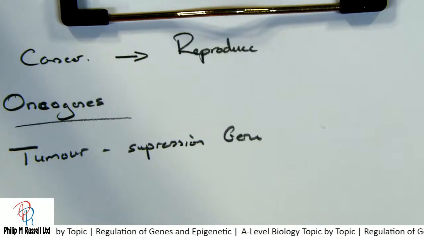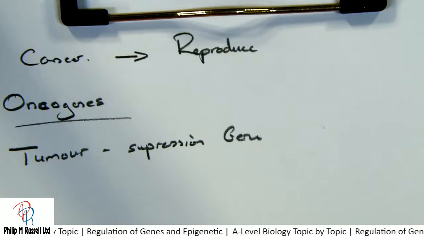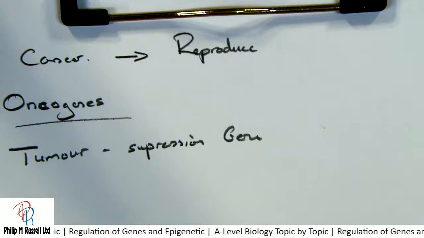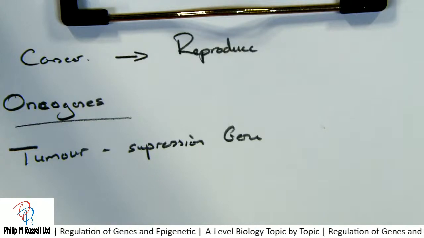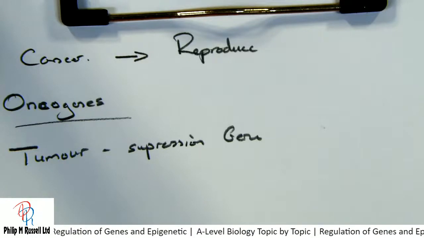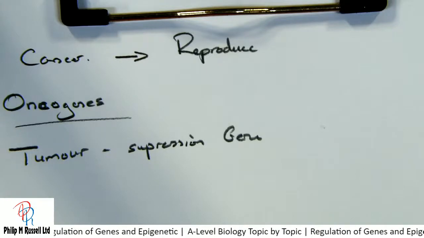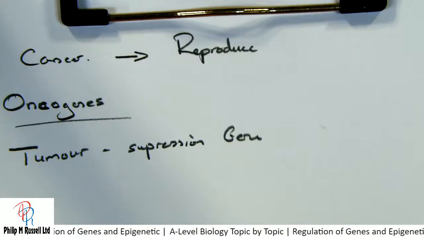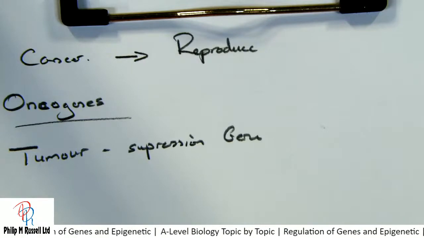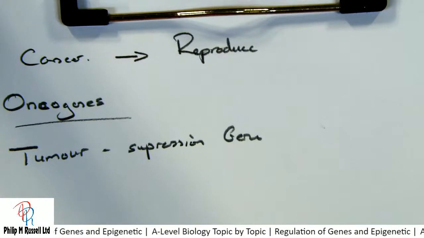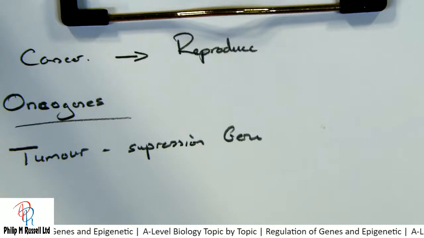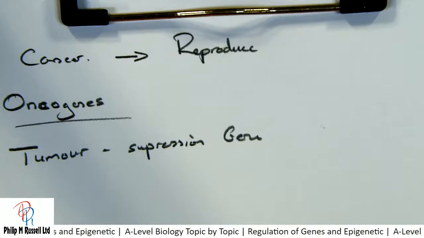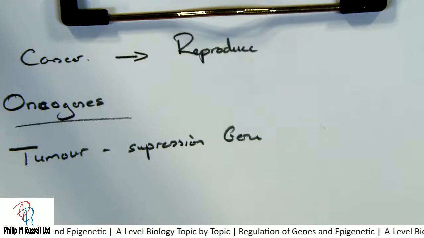And these normal tumour suppressor genes maintain the normal rates of cell division, and so they prevent the formation of tumours. However, if this gene becomes mutated, it's inactivated, it's switched off, then it doesn't stop the cell reproducing, and we now get these cancers starting to form.